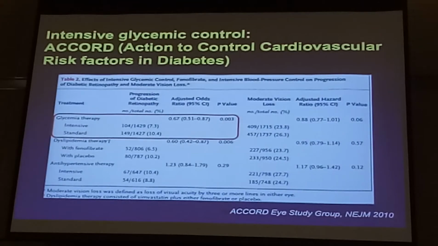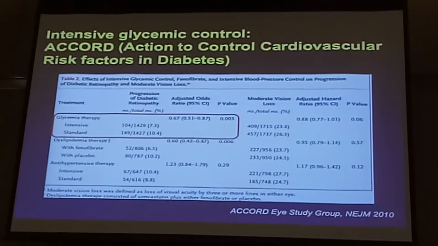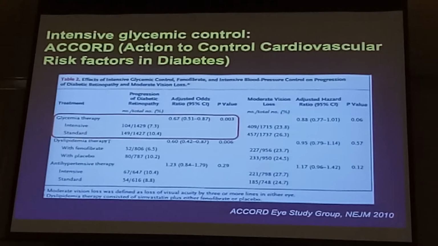Now, is control important? I think the evidence is quite uncontroversial. It is clear that the better your control, the better you are at slowing progression and preventing complications from diabetes. This is just one big study called ACCORD, and you see a statistically beneficial effect of intensive glycemic control. So if anyone tells you, well, who cares?